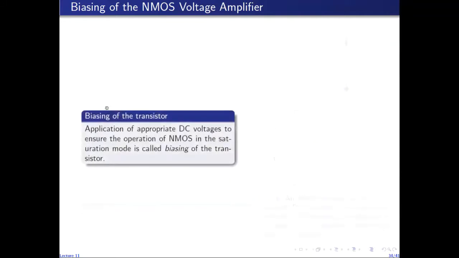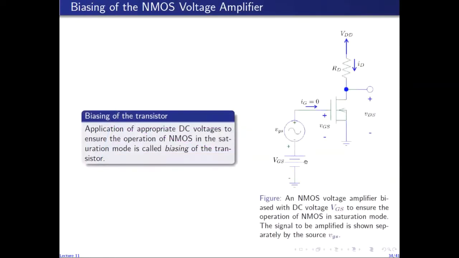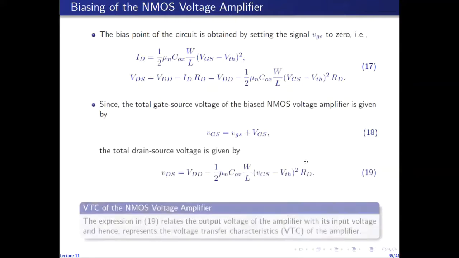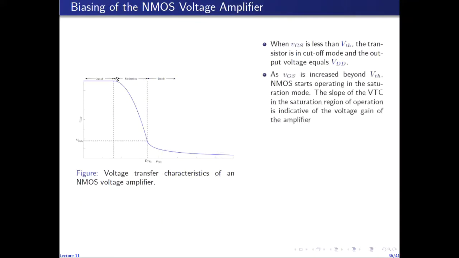So if we go back to the ID VDS characteristics, then the device turns on when we are in this region of the load line. So this region of the load line corresponds to the saturation mode of operation of the device. So as soon as the device turns on, it starts operating in the saturation mode.